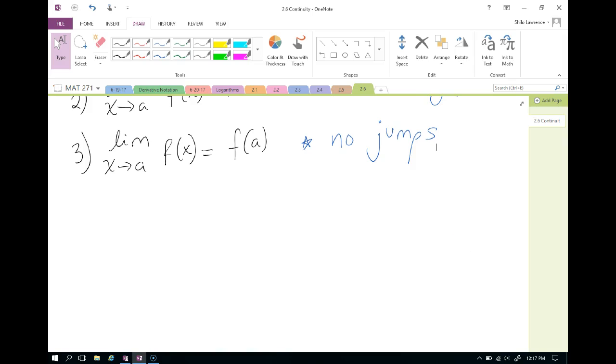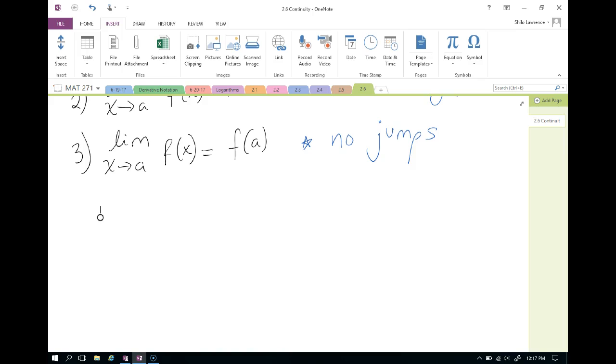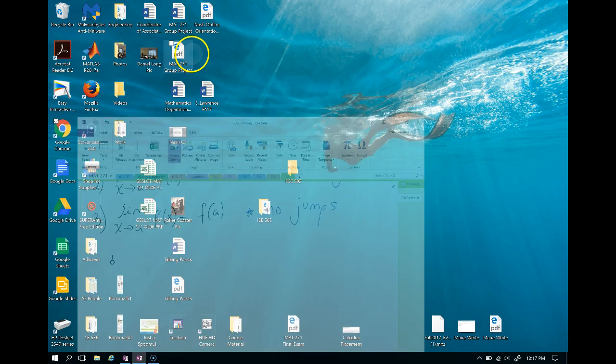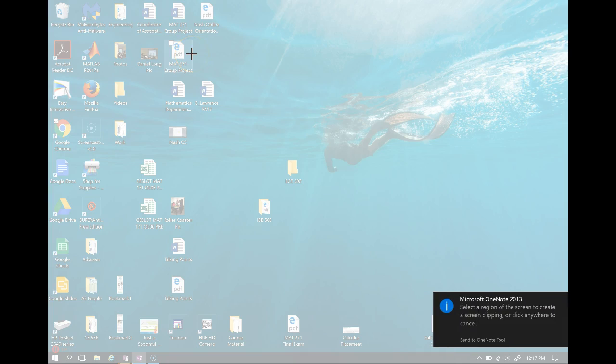So I'm not going to draw this graph out. What I'm going to do here is I'm just going to paste it. Oops, did not want to do that.